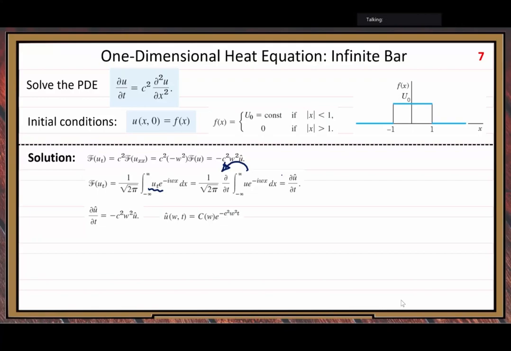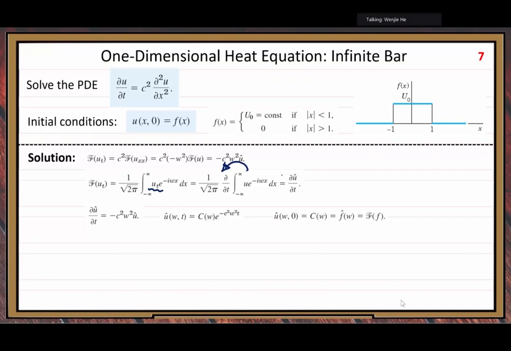That's easy because we have the initial condition. We take the Fourier transform of this initial condition to get the capital C function, treating x as the variable.